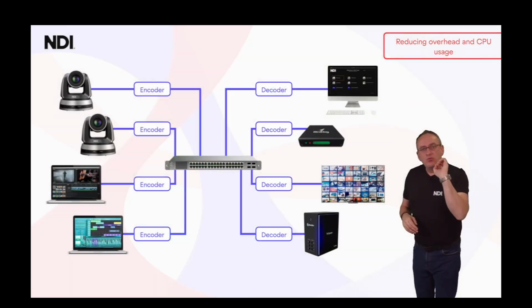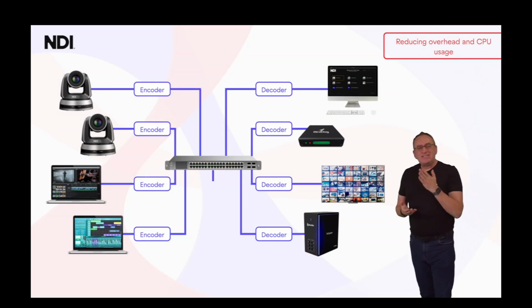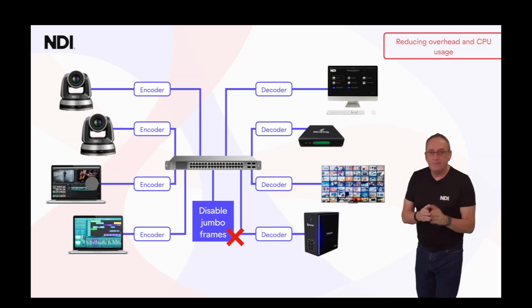However, for real-time AV over IP workflows like NDI, disabling jumbo frames is often recommended, and here's why.